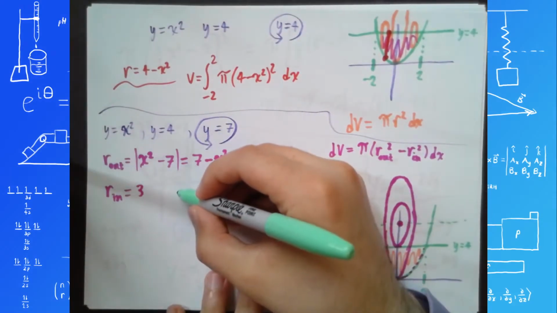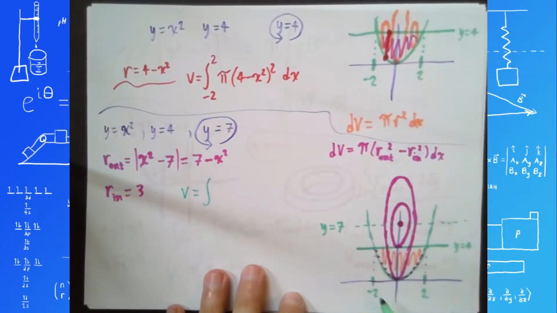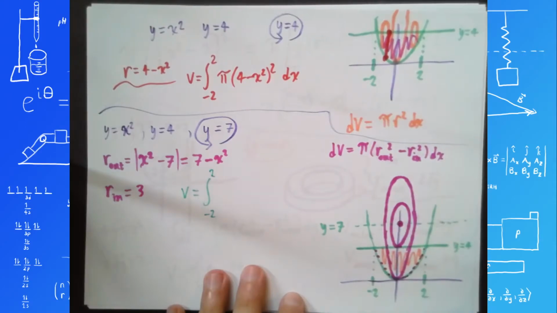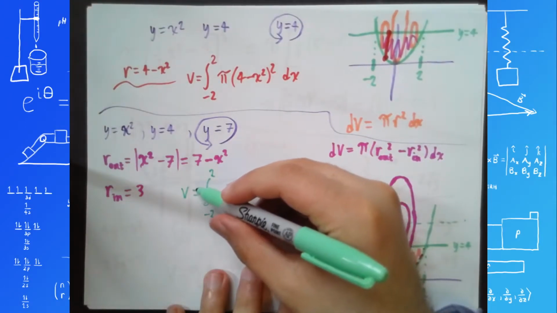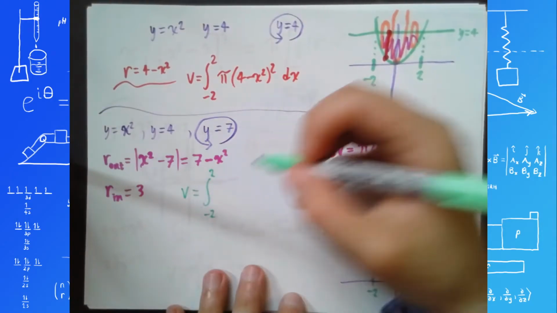So we would have volume equals the integral from -2 to 2. And again, because of symmetry, you could also just do 2 times the integral from 0 to 2. That part hasn't changed here.